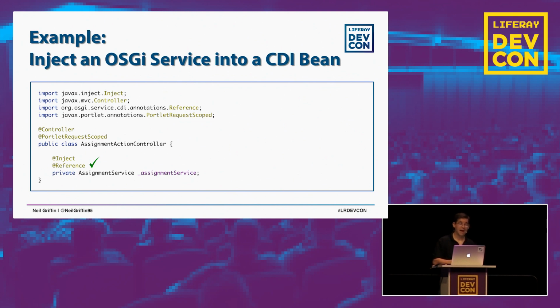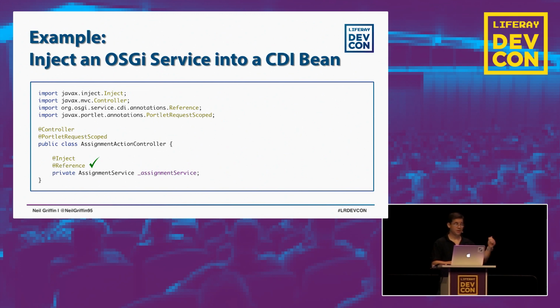And it's using @PortletRequestScope from the Portlet 3 spec, @Inject from JSR 330, and a new annotation called @Reference, and you can see that's from the import above, org.osgi.service.cdi.annotations.Reference. That is not the same @Reference that we have in declarative services. It's a new annotation, but it should be familiar to you if you have done declarative services portlets.